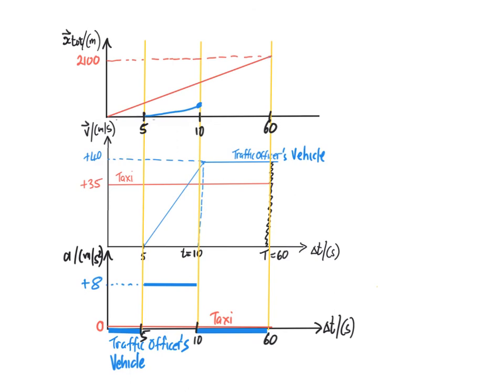So in actual fact, we need to change the nature of the graph. Between 10 seconds and 60 seconds, this graph actually needs to be a straight line. It needs to be like this. Let me just redraw that, I'm not the greatest at drawing straight lines.